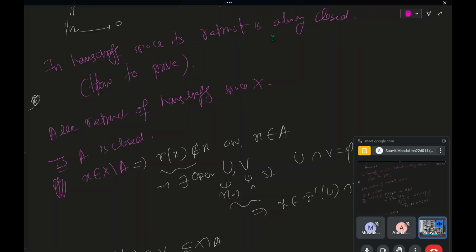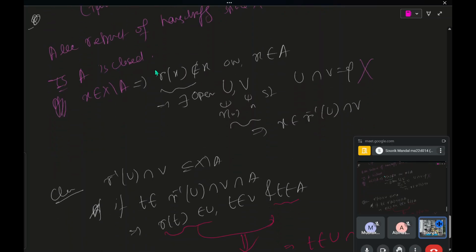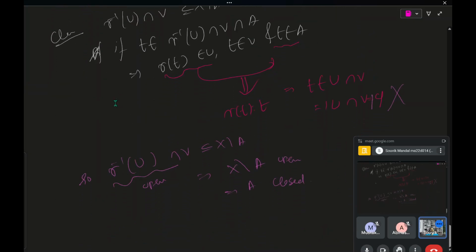To show A is closed, take x in X minus A. Then r(x) does not belong to A, otherwise x belongs to A. Now there exist open sets U and V so that U intersection V is empty, and this implies x belongs to r inverse of U intersection V. Now the claim is r inverse of U intersection V is a subset of X minus A. Proof: if t belongs to r inverse of U intersection V intersection A, this implies r(t) belongs to U, and t belongs to V, and t belongs to A, and r(t) is equal to t.